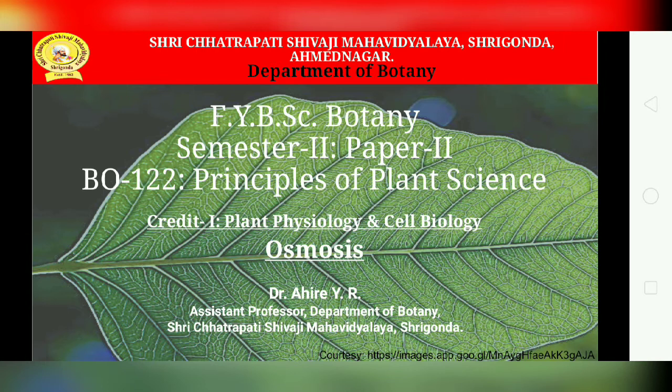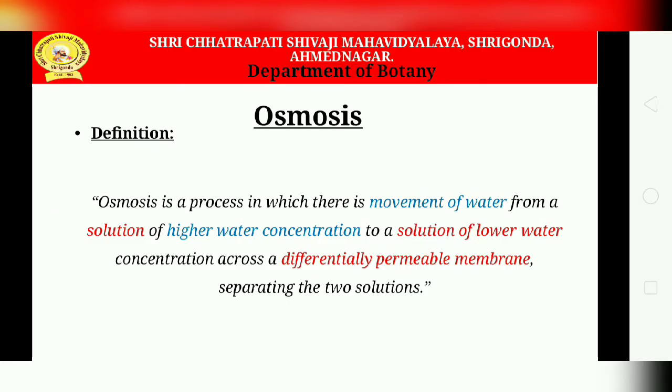According to the definition, osmosis is a process in which there is a movement of water from a solution of higher water concentration to a solution of lower water concentration across a differentially permeable membrane separating the two solutions.